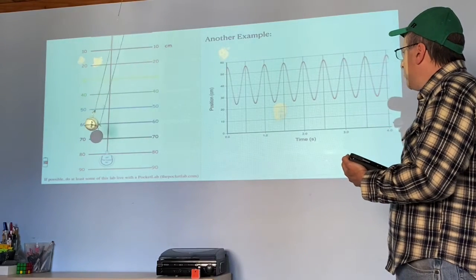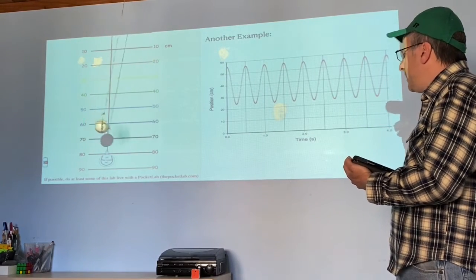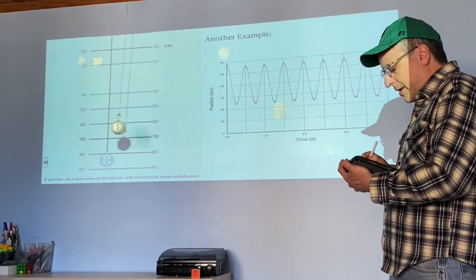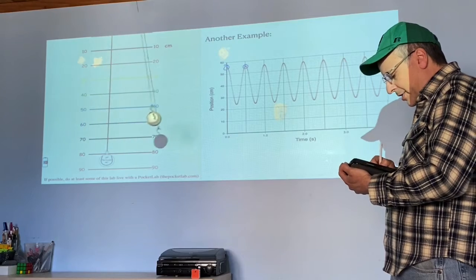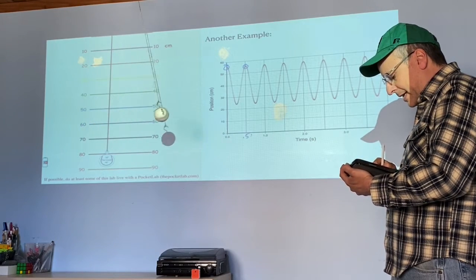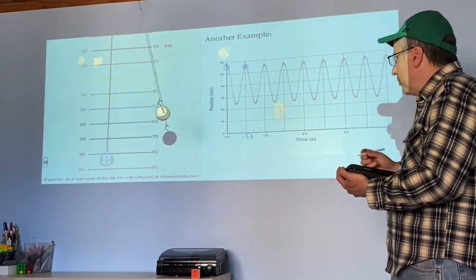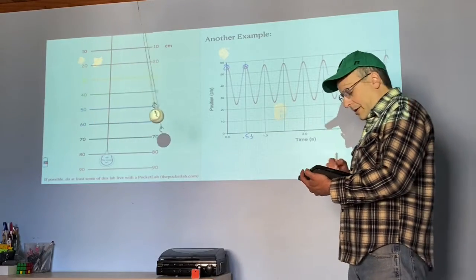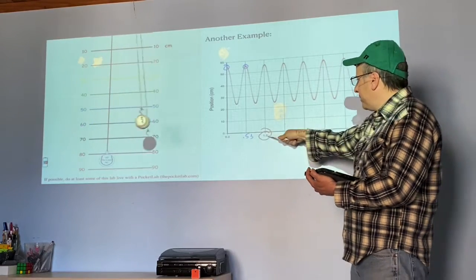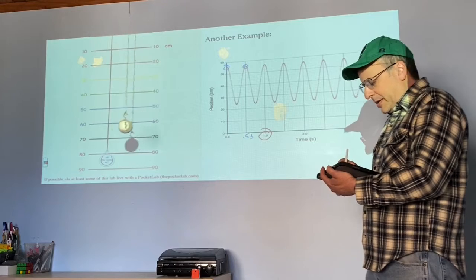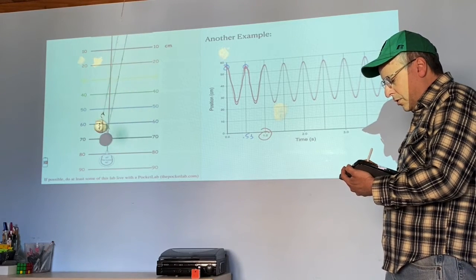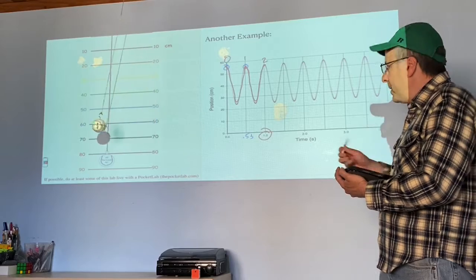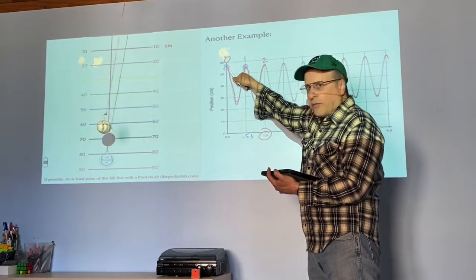Here's another example. So again, if I want to get the period, I look at where I start, I do 1 complete cycle, I trace down, and I'm at half a second. If I want to do frequency, I go to the 1 second mark, and I count my cycles. 1, 2. Remember, don't start counting right away.